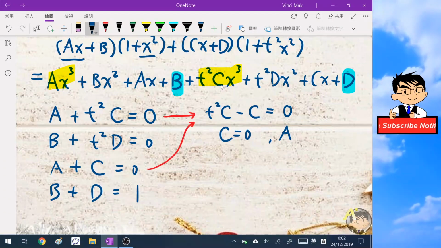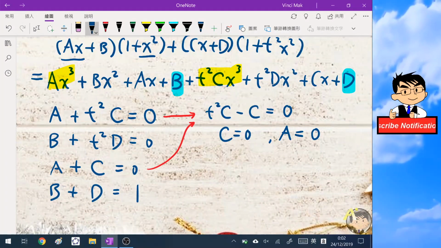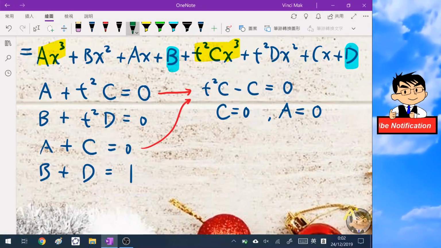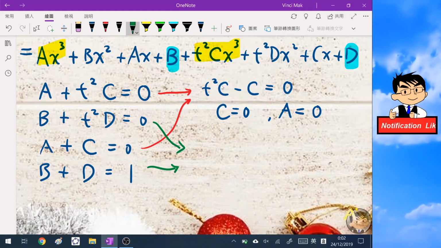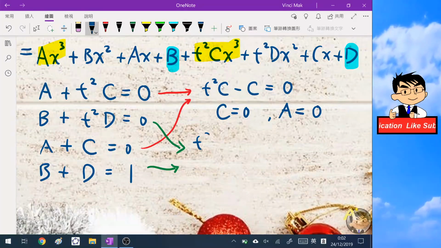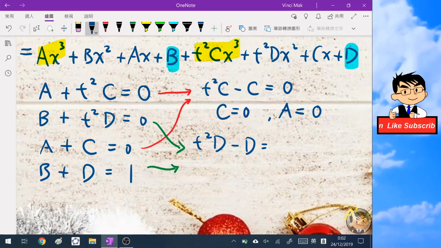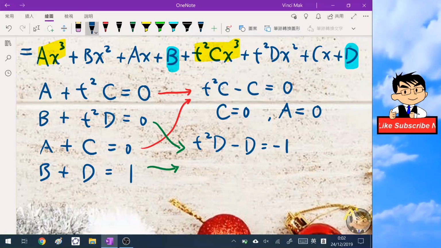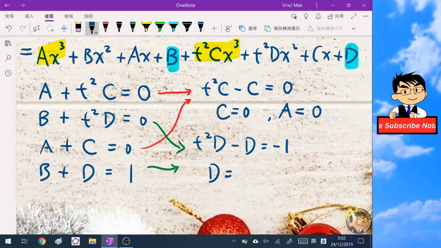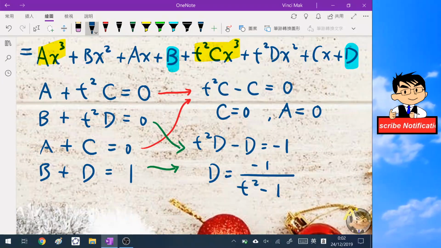And then a is also equal to 0 by the third equation. For the second and the fourth equation, I will also subtract: t squared d minus d, which is equal to minus 1. So d will be equal to minus 1 over t squared minus 1.